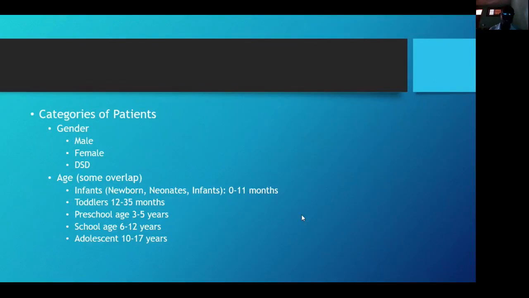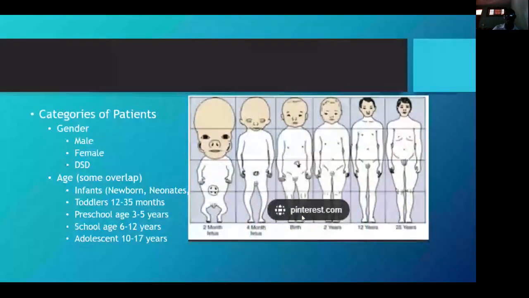But what is acceptable worldwide is that neonates and newborn are actually the same, and then other infants, because neonates are also a subset of infants. The other infants are those that are 1 month to 11 months of age, and so on and so forth. And one of the things that is quite intriguing about them is that all these, they undergo changes according to how grown they are.